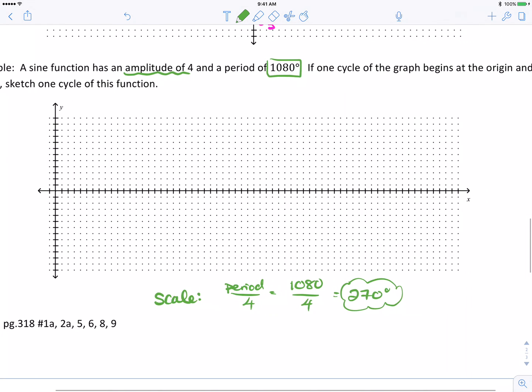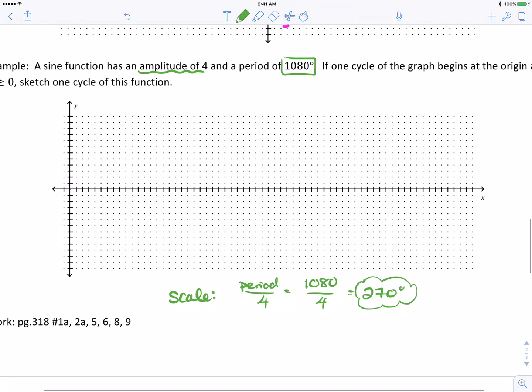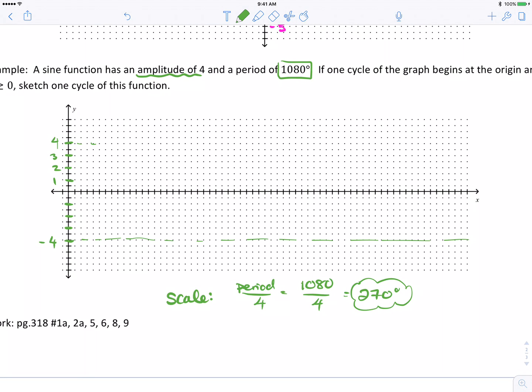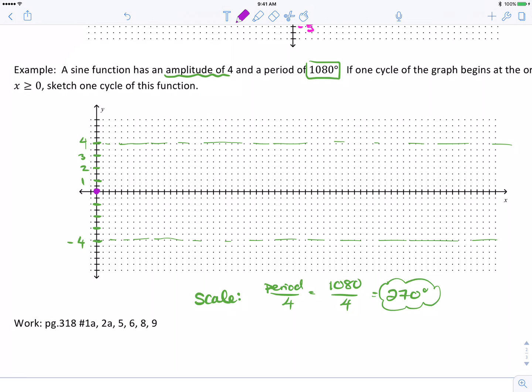It doesn't matter. It says there are no shifts. One cycle begins at the origin, and that's it. So amplitude of 4, let's say that's 1, 2, 3, 4, and negative 4 as well. 1, 2, 3, 4. Draw in your dotted line for precision. And we know that my sine function is going to start in the middle.